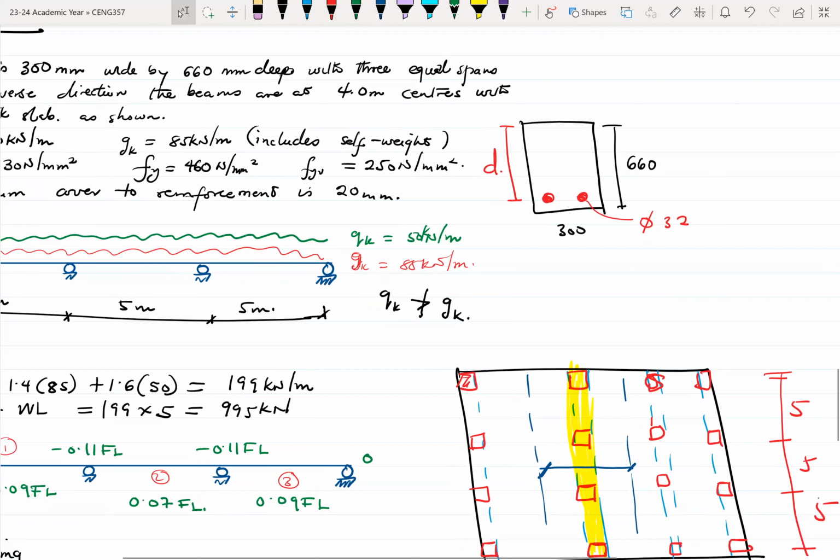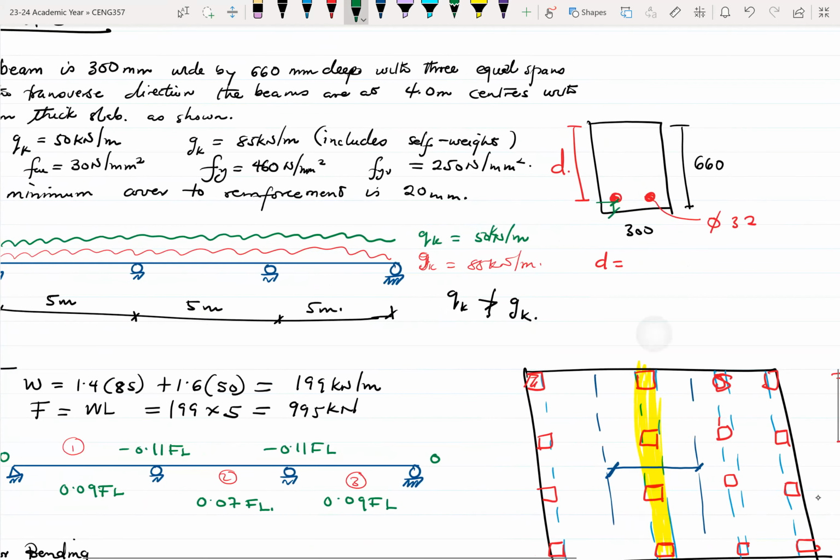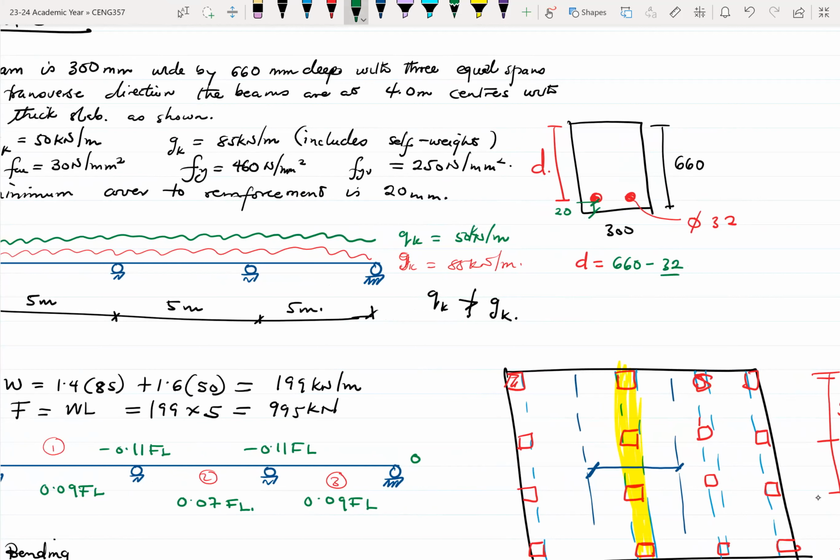Okay. So D is going to be our clear cover, which is given to us as what? 20 millimeters. So the cover here is 20 millimeters. So D will be 660 minus half of the 32, then minus 20.